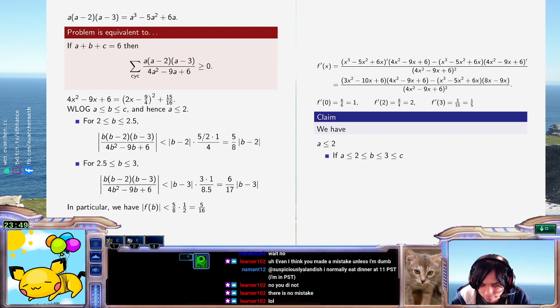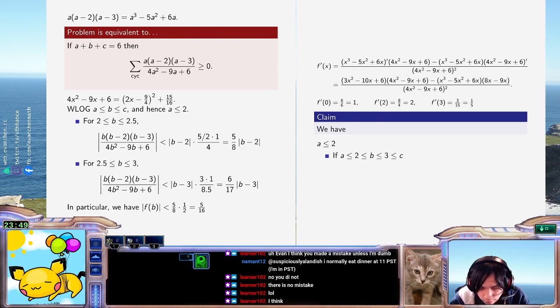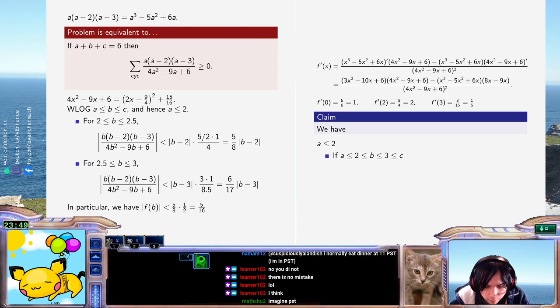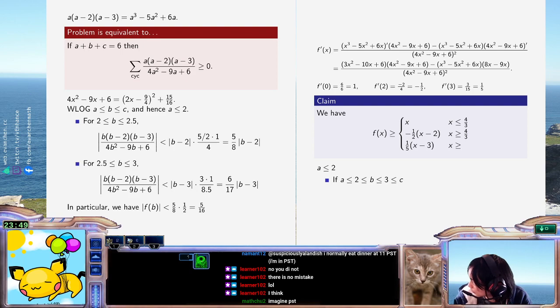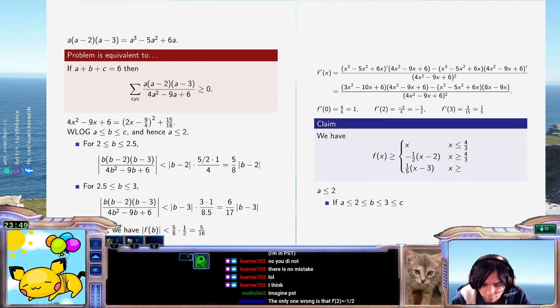Okay, so this will be true for x at least, let's just say 4/3 to x at least like 5/2 ish, 2.5.